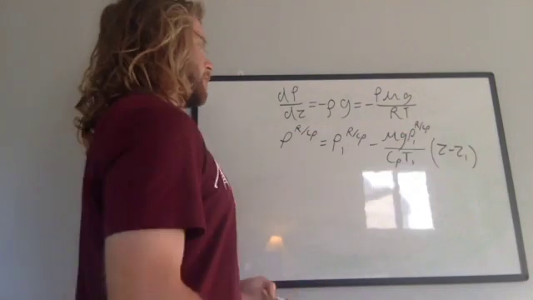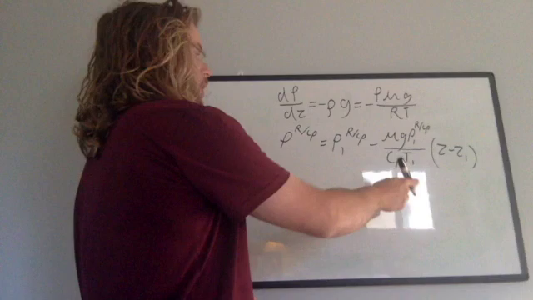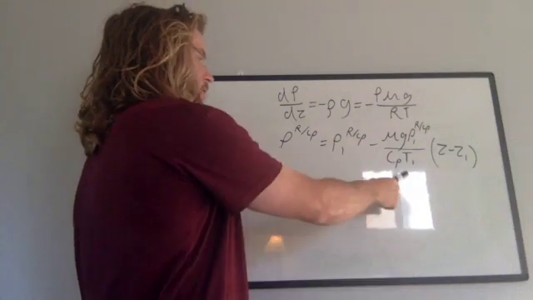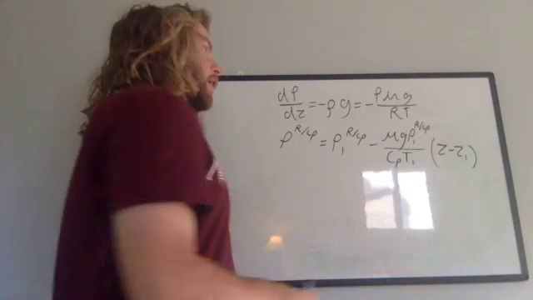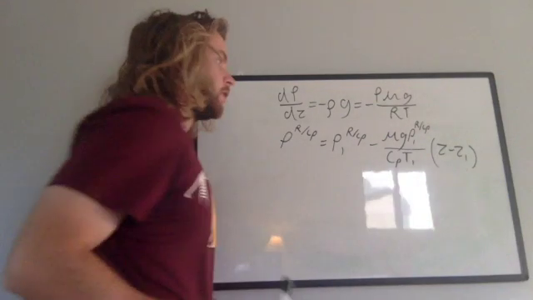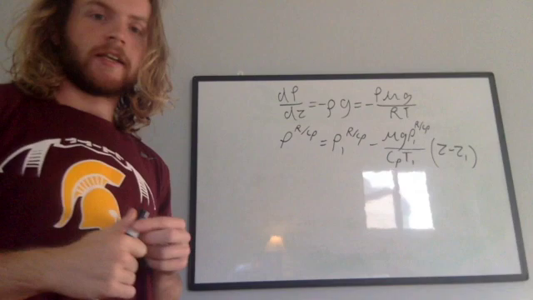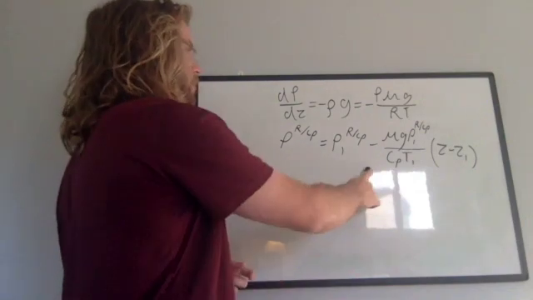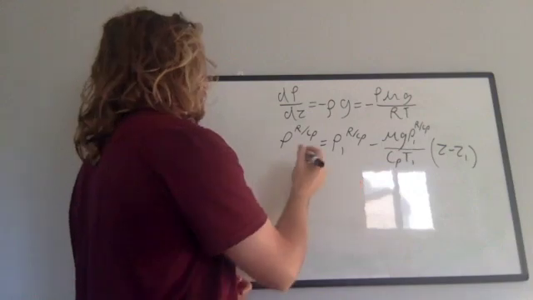As you can remember, we divided our specific heat capacity at the given pressure by both sides, so we get Cp in the denominator over here, and we had our integral for dz over here, which came out to be just z minus z1. The next thing we're going to want to do is factor out this P1 to the R over Cp.